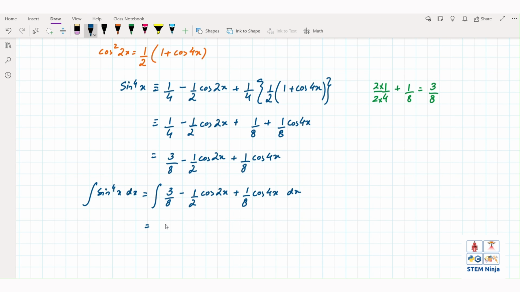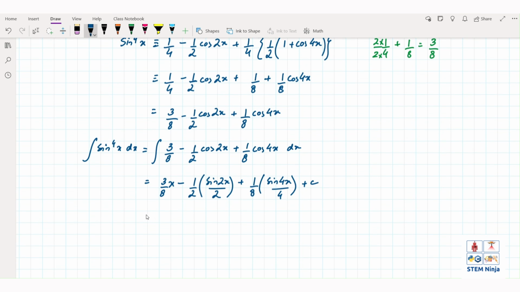So the integral of 3/8 would be just 3/8 x, minus 1/2 times the integral of cosine, which is sine with the same angle, but divided by the derivative of 2x, plus 1/8 sine 4x divided by 4 plus c.